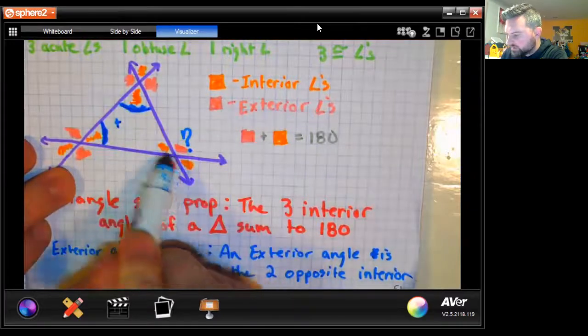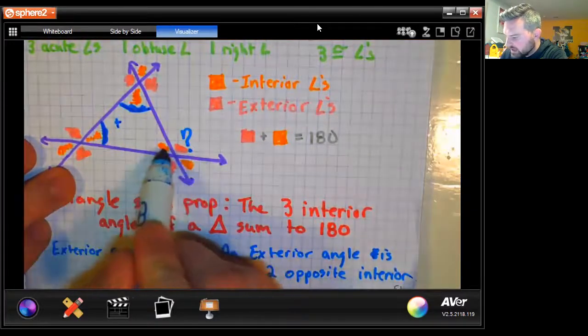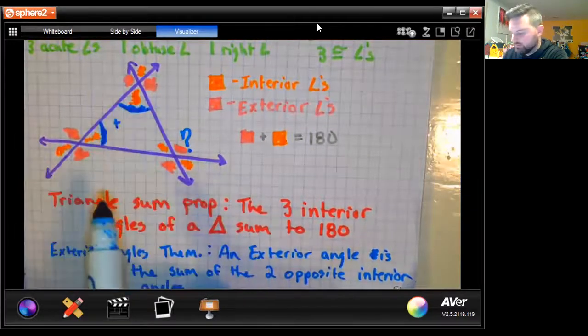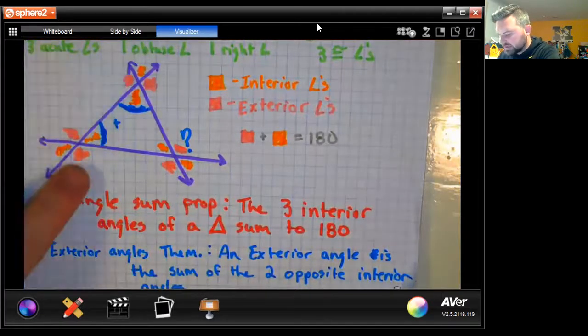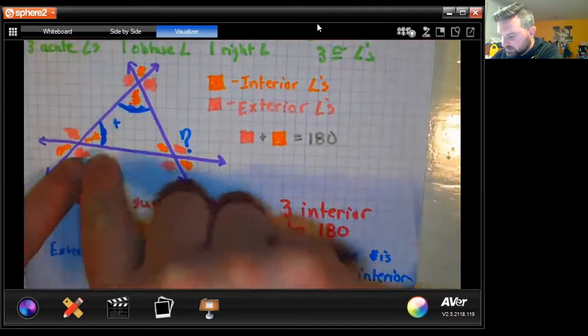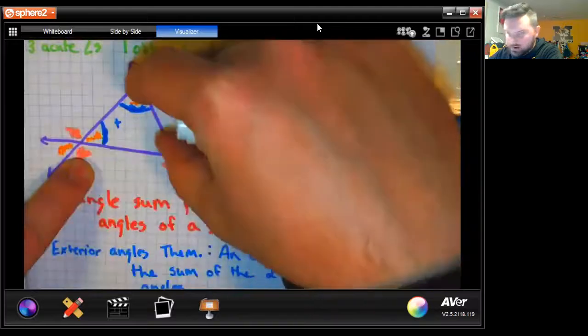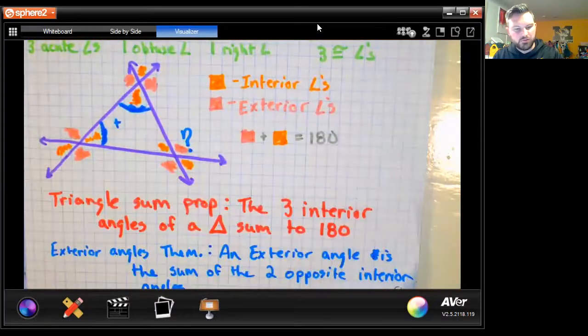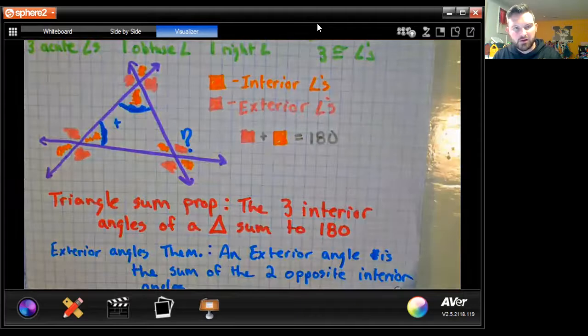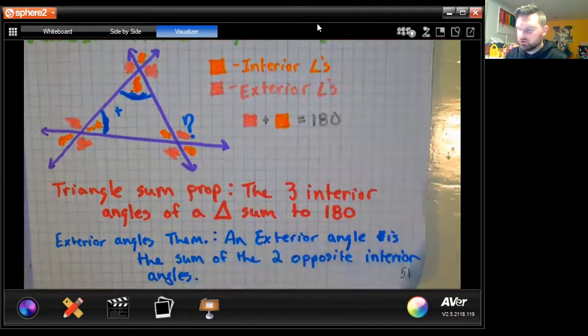Okay, because they're opposite. Okay, so you go to the inside and it's the opposite too. Okay, so if I wanted to find this exterior, I'd go to the inside and then the other two, I'd add those up and it would equal that. We will prove this later on down the road with some of our triangles, but those are the two theorems that we're going to end on today.